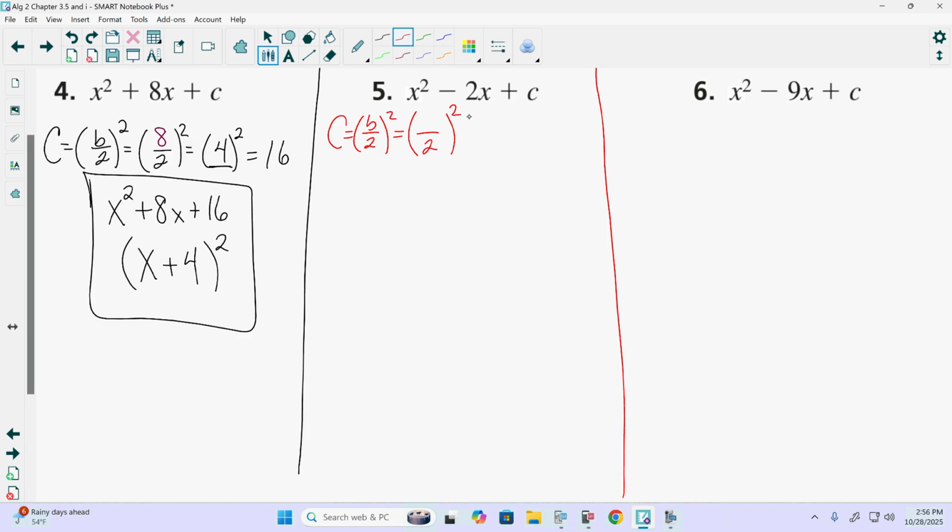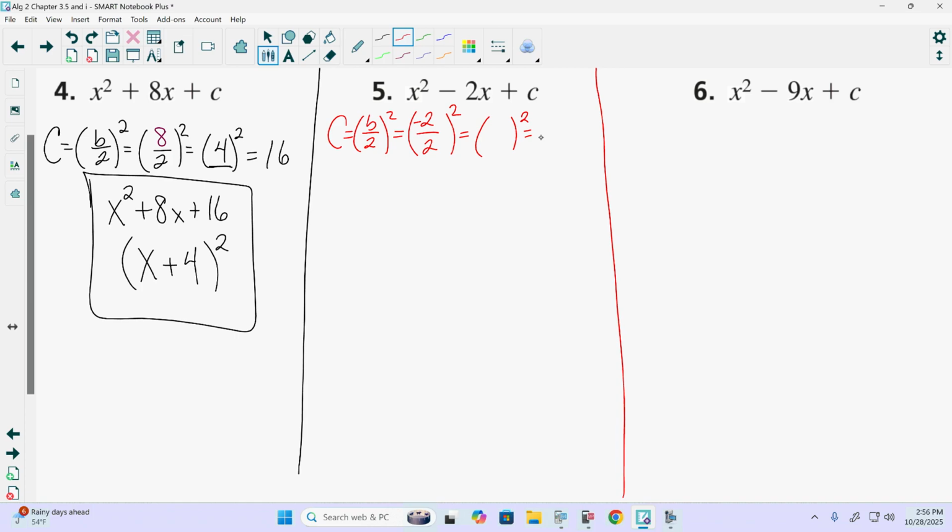All right, let's look at the next one. X squared minus 2x plus c. What is the value of b? Negative 2, because we need to take the number and the sign. Now, it is very tempting because we could put parentheses negative 2 over 2, close parentheses, squared, hit enter, and let it do it for us.